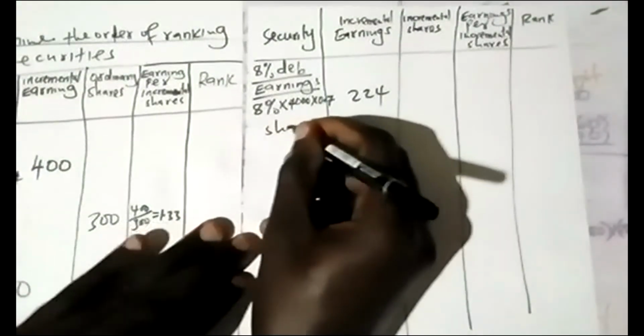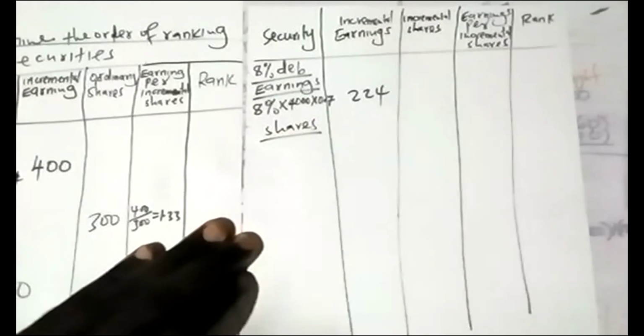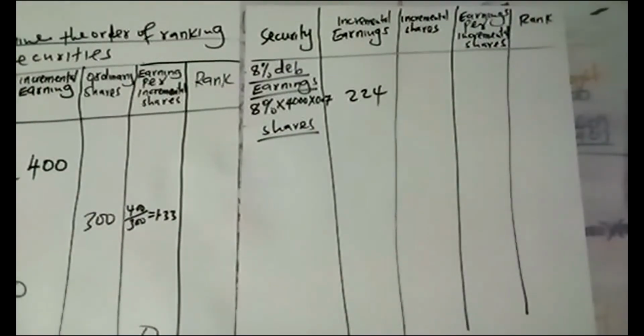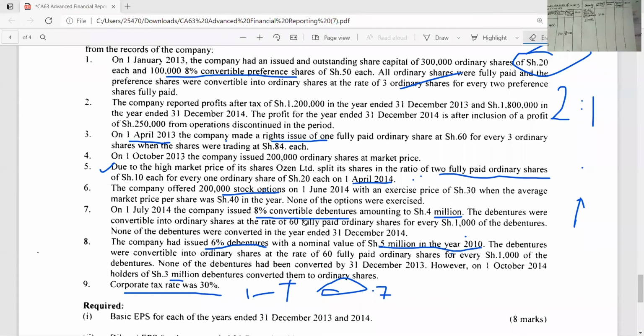Shares. So shares, in which proportion were they converting? This proportion was 60 ordinary for every 1,000. So 60 ordinary is equal to 1,000 of the debenture. What about the 4,000?